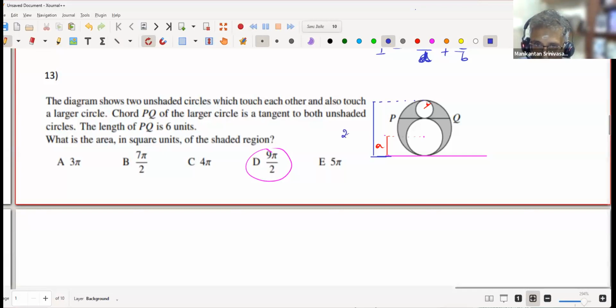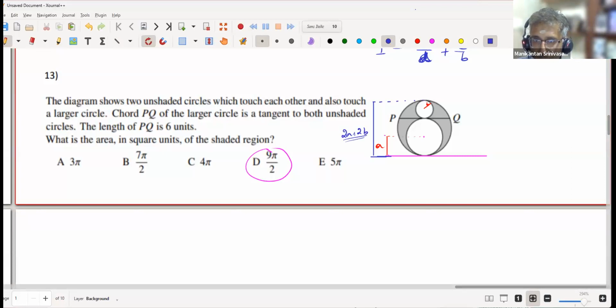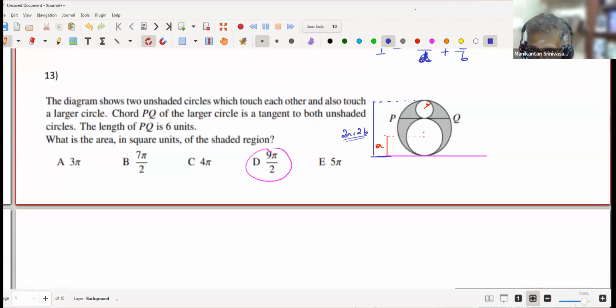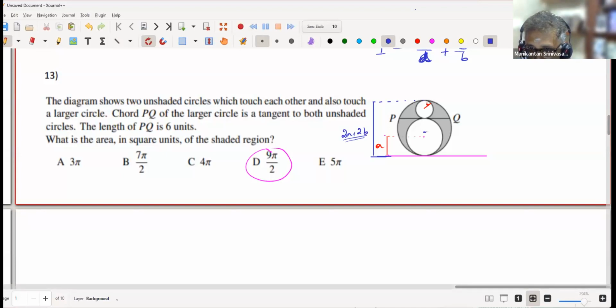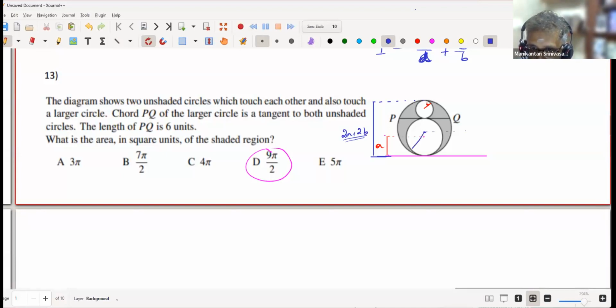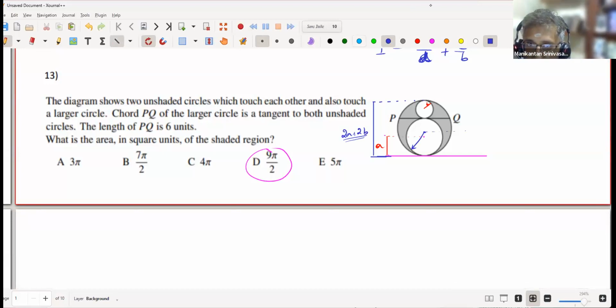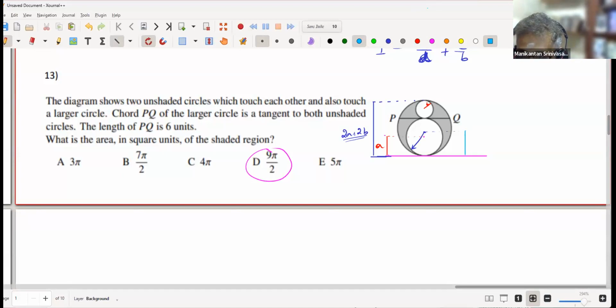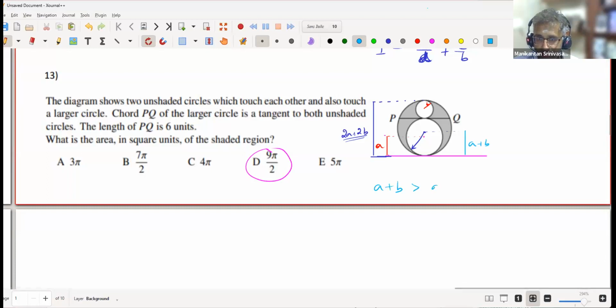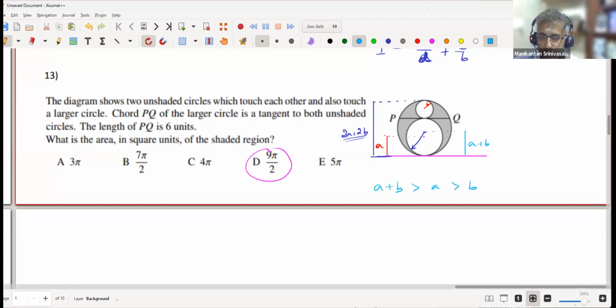Now the radius of the big circle is therefore A plus B. So the radius of the big circle is somewhere here, that's A plus B. So the 3 radii are now A, B, and A plus B, A plus B being the biggest one, then the white circle, which is A, and then the small circle, which is B.